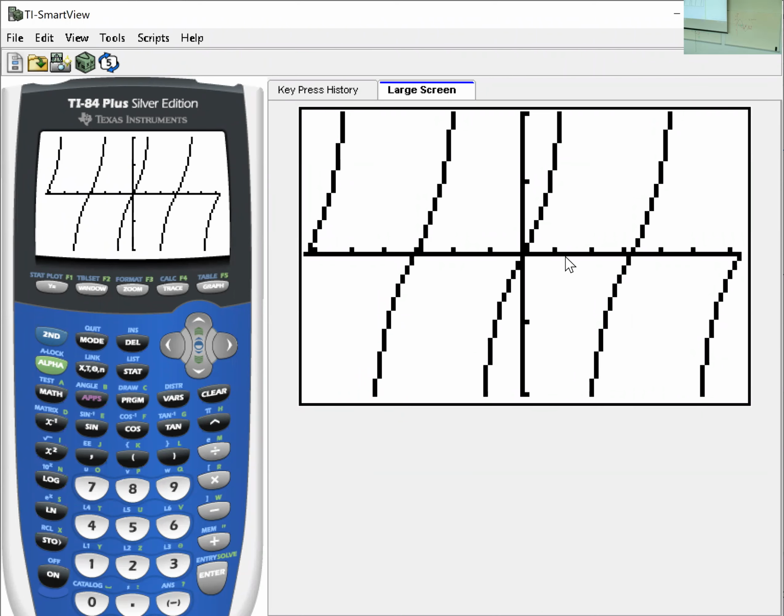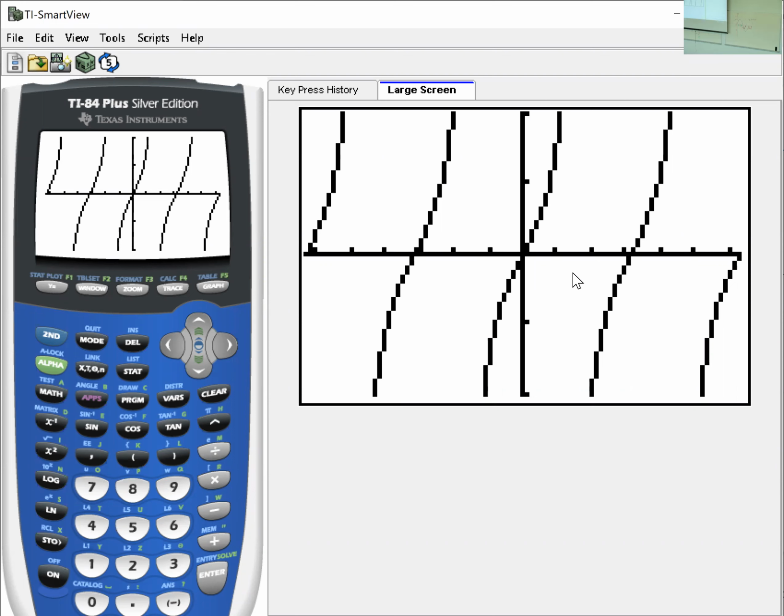Pi over 2 is right here. I have an asymptote. Not a problem. So that is 2 pi right there. So 0 to pi over 2, I have a pi period and it goes this way with asymptotes.